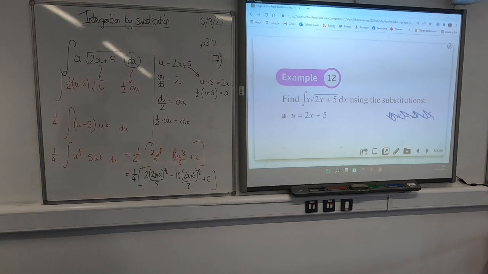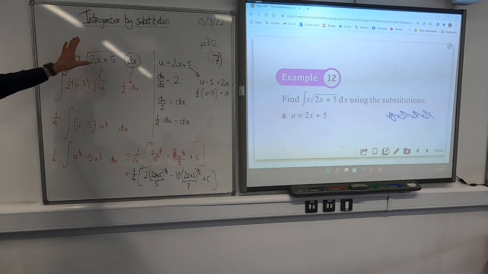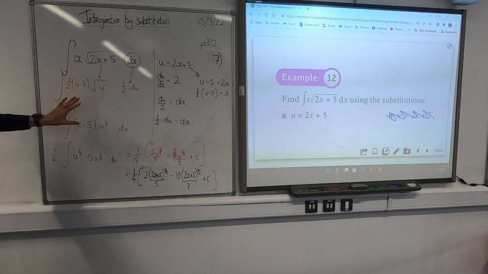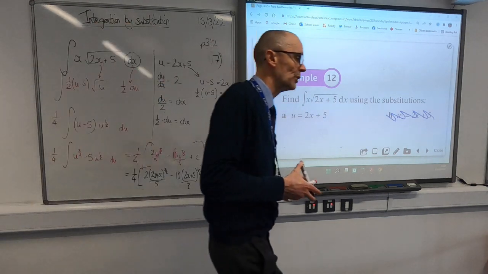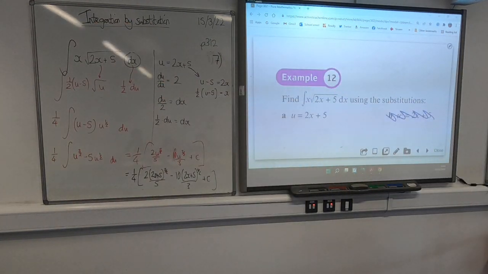So we've taken something we couldn't integrate, turned it into something we could integrate using that substitution approach. It's a really neat trick. And these questions are often horrible looking, and then all of a sudden they stop being horrible.